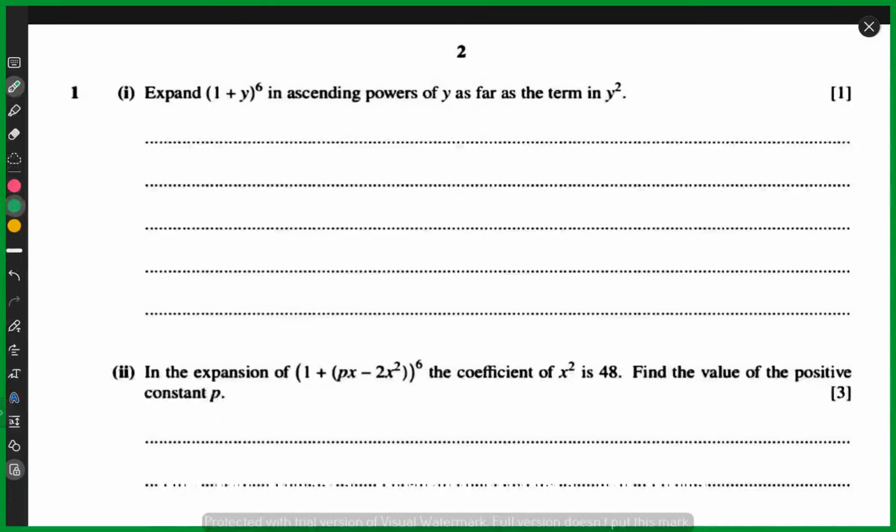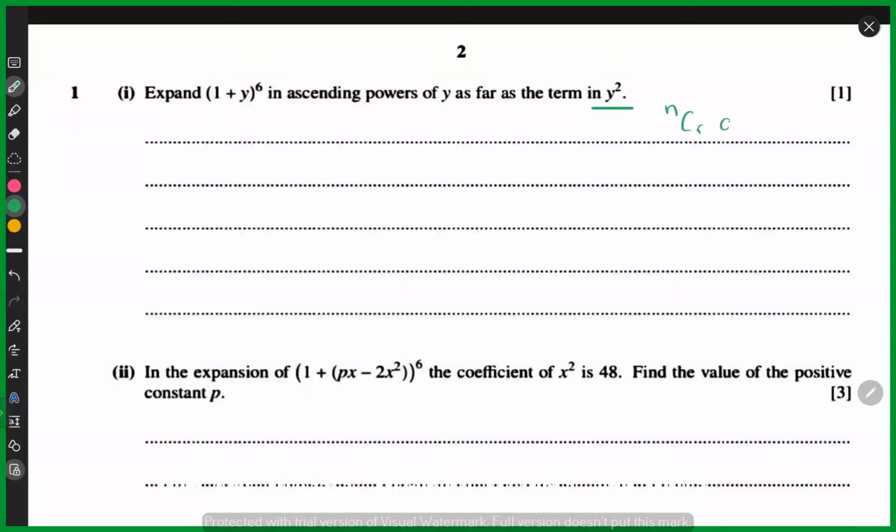As far as the term in y squared, so we need to stop when we get y squared. For such cases, we are not supposed to look for a specific r. We need to start plugging in r equals 0, r equals 1, r equals 2, r equals 3, and see what exactly happens.